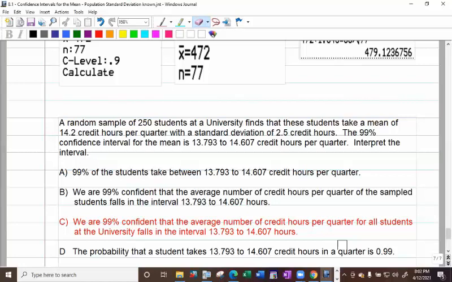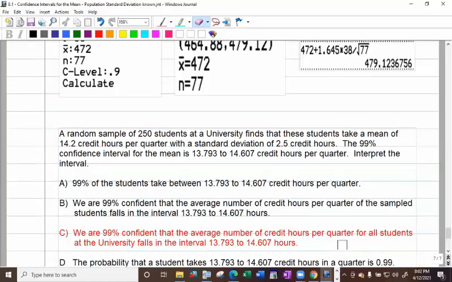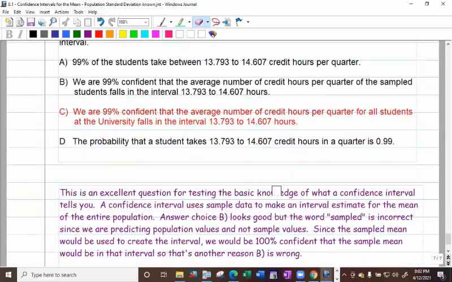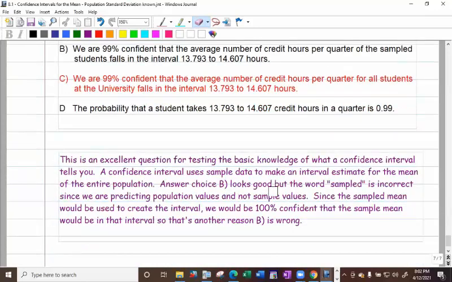So that's why B is not right, because we know what the mean of the sample is. It's 14.2. But we're not 100% sure that the mean for all the students is 14.2. But we're 99% sure it's in that interval. Okay, a little tricky. I wrote a little story about it right there.